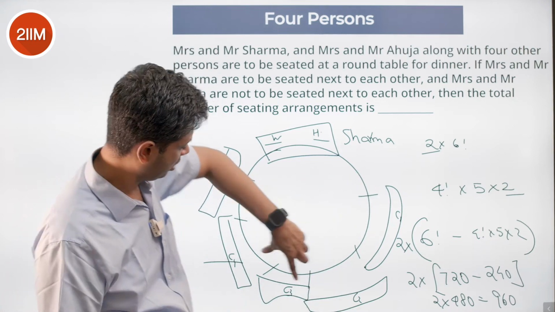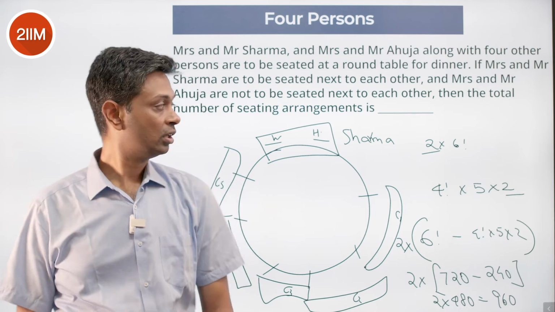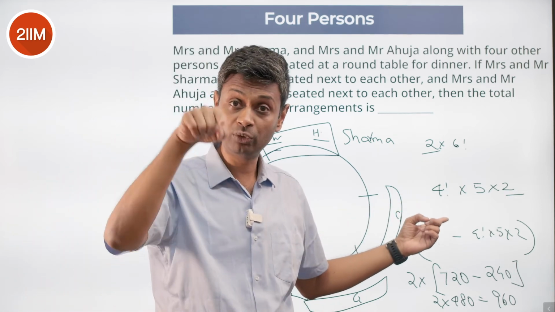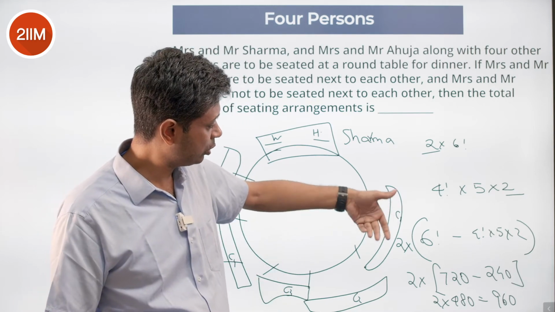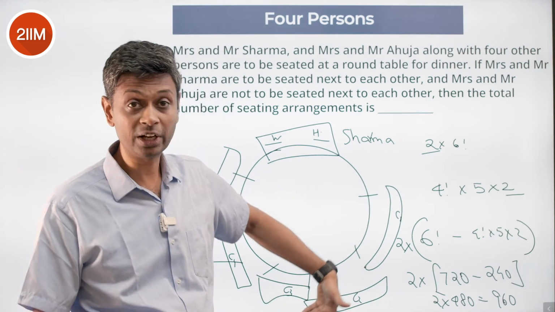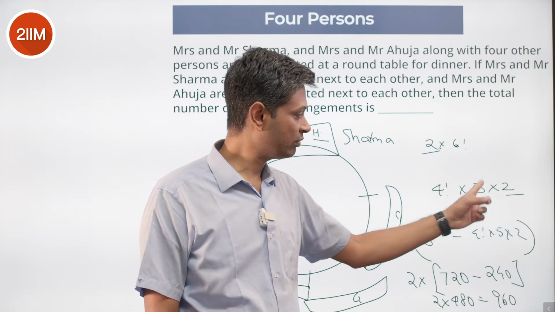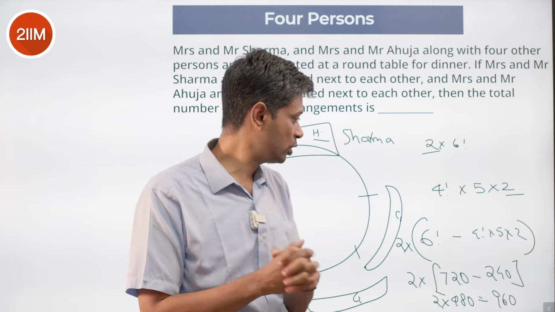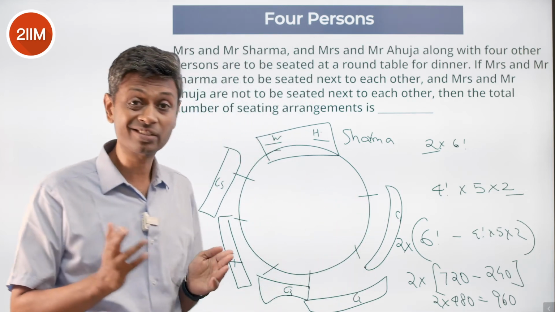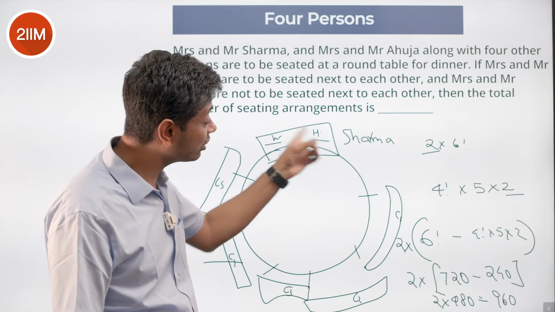So I'm seating the Ahujas together, here or here, 5 ways. For each of those 5 ways, there are 4 factorial ways for the remaining 4 people to sit. And for each of those 5 ways, I could have H and W, W and H, so into 2. 4 factorial into 5 into 2, 240 ways in which we can seat the Ahujas such that they are seated together for each of those 6 factorial ways.